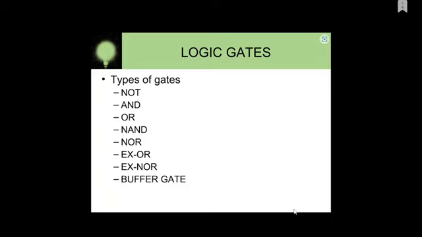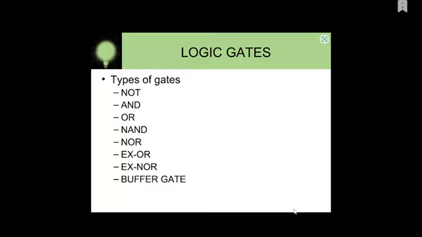So we have different types of logic gates: NOT, AND, OR, NAND, NOR, XOR, XNOR, and buffer gates. NOT, AND, OR, these three gates come under basic logic gates.